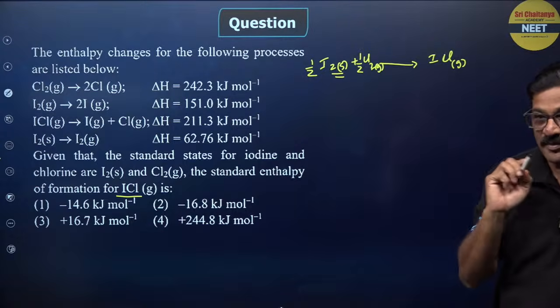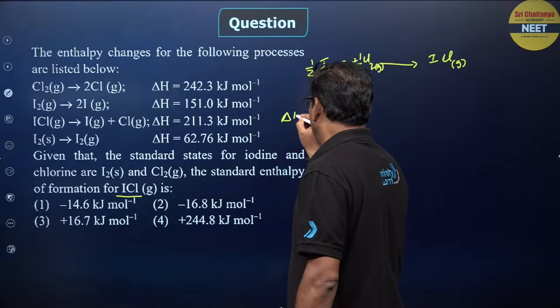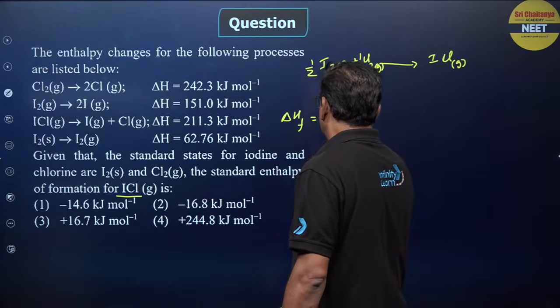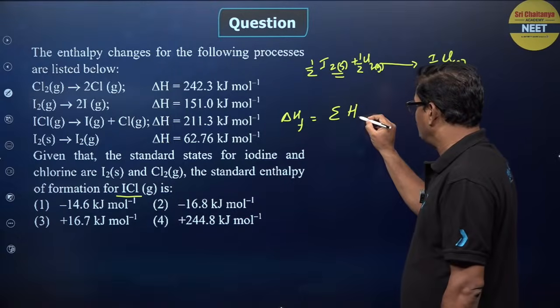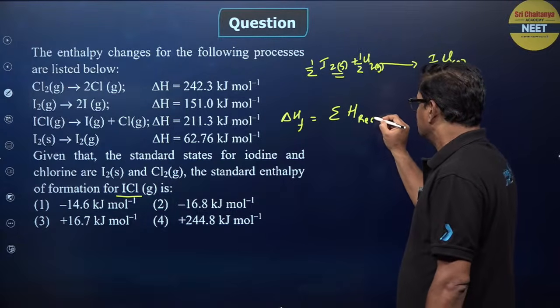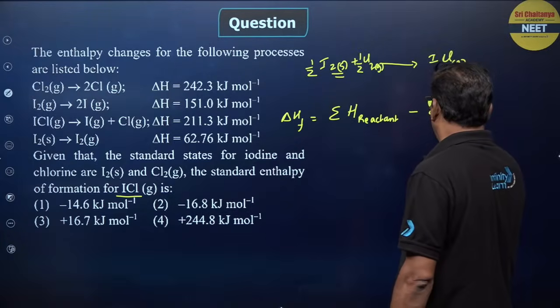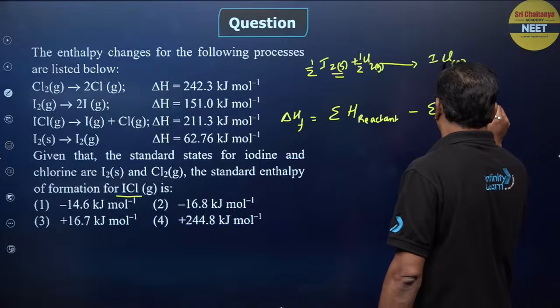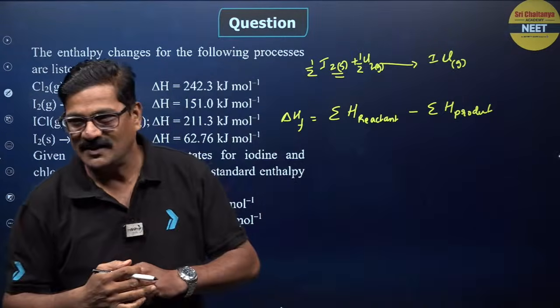Okay, enthalpy of atomization you have to take. So standard enthalpy of formation is equal to the sum of the enthalpies of the reactants minus the sum of the enthalpies of the products. We are going to take these values. Clear, beta?